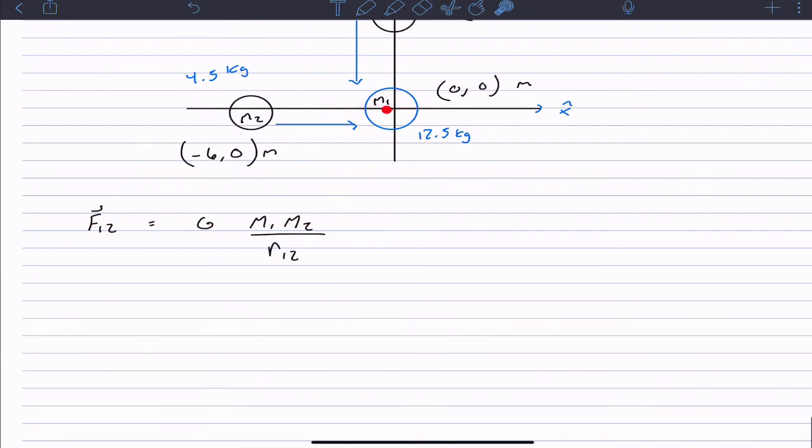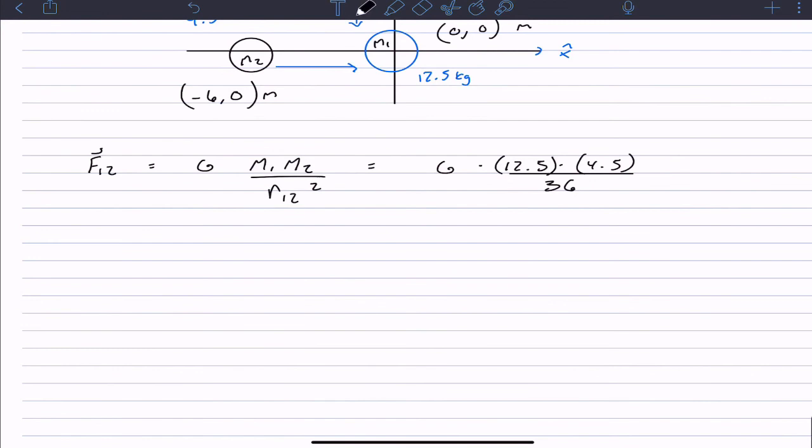We could do this with unit vectors and dot products, but we really don't need to. This is at 0, 0, and this one's at 6, 0, so the distance is 6 in the x direction. So now we have G times 12.5 times 4.5 all over, sorry, this is squared, 36. So that's what you get there.